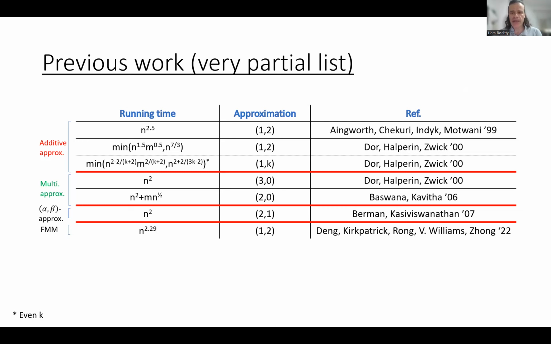This was improved by Berman and Kasiviswanathan, where they obtain an alpha beta approximation of (2,1). Baswana and Kavitha got a multiplicative 2, but the running time is n squared plus m square root of n. Most recently, Deng et al. obtained a strict improvement to Dor, Halperin, and Zwick, but they used fast matrix multiplication, which we don't really like to use. One thing on the general trade-off of Dor, Halperin, and Zwick: the k must be even.